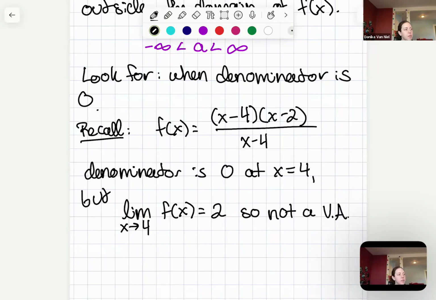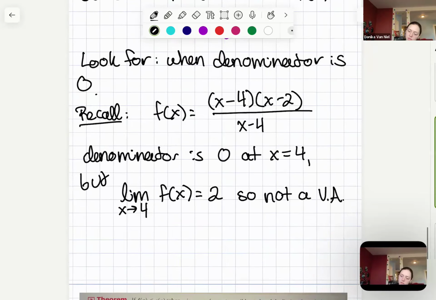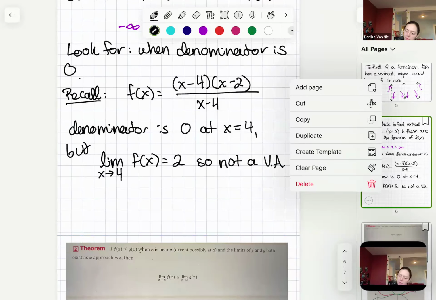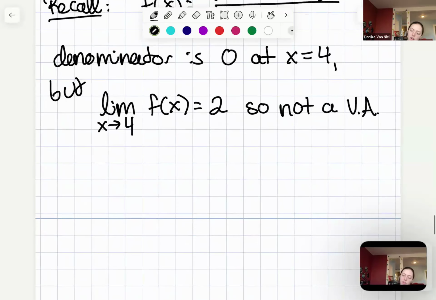Whereas, if we recall the next function we talked about, I'm just going to keep using the same name, sorry.